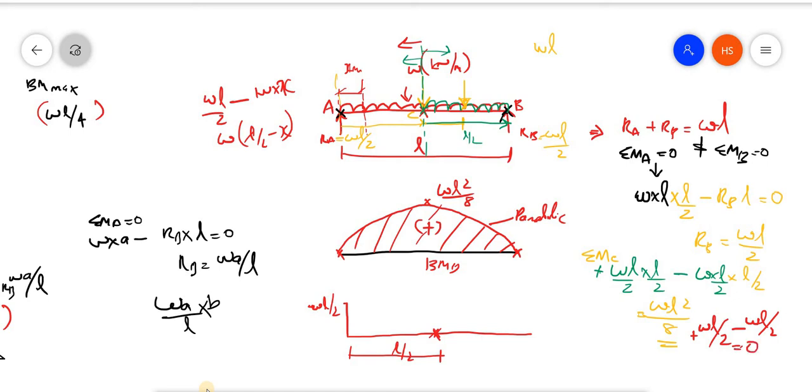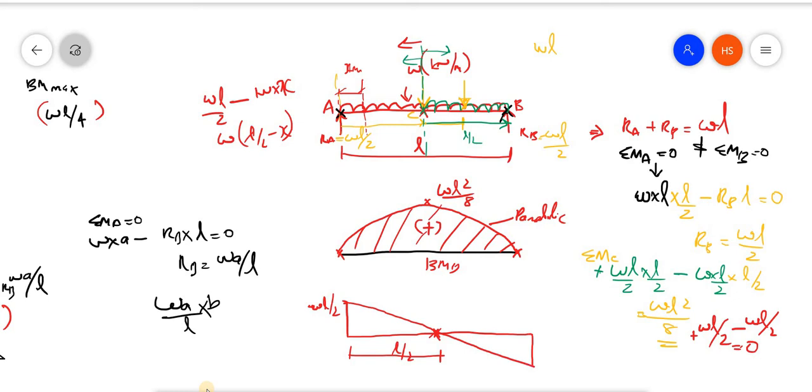So at the center, the shear force is 0. Considering the last section, it will be minus WL by 2. So I can join like this.